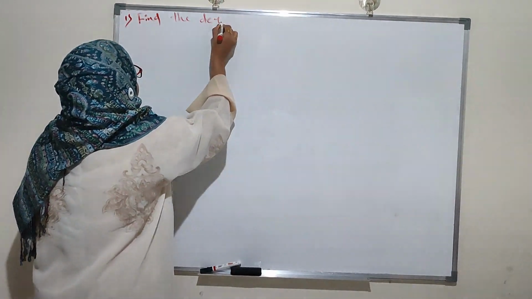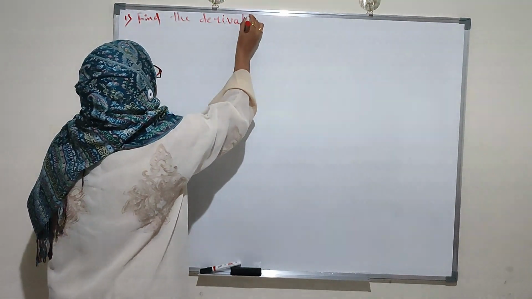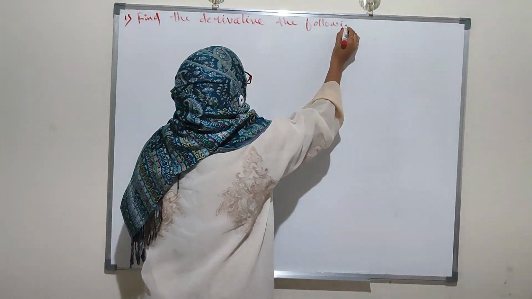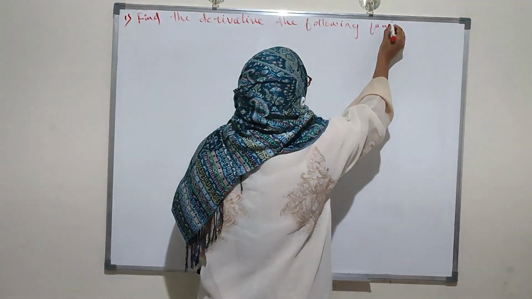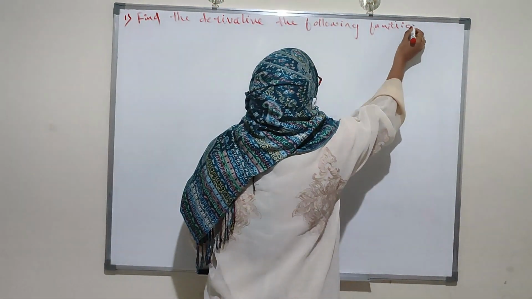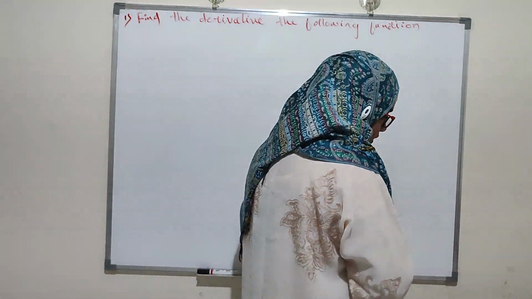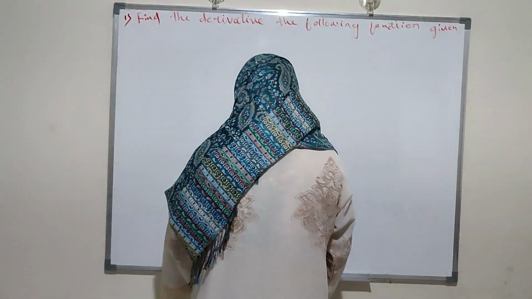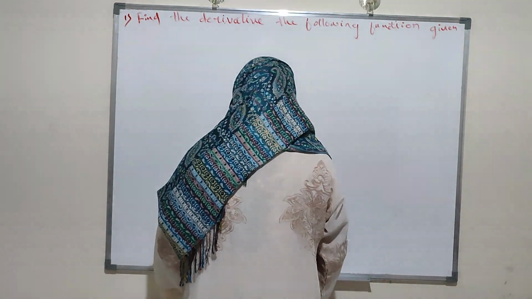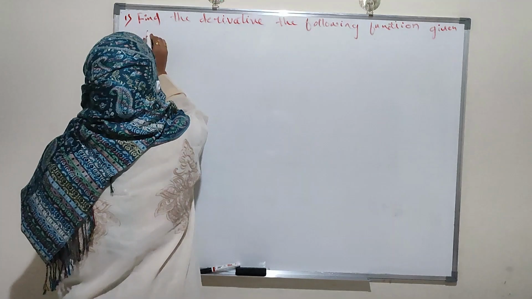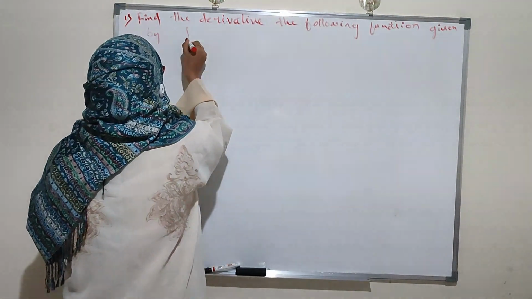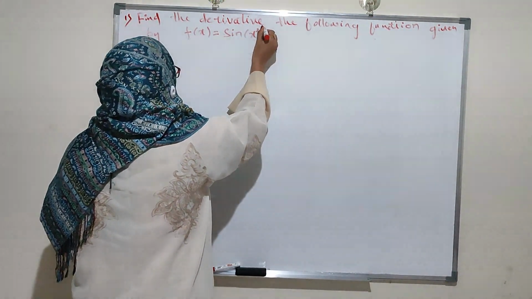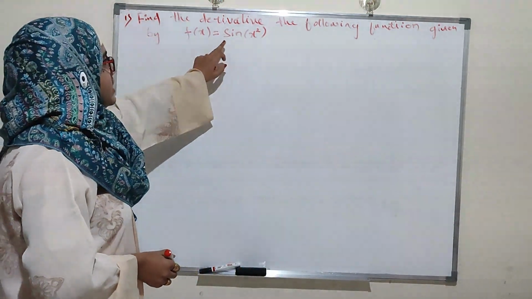The function is given to you as f of x equal to sine of x square. So f of x is given to you as sine of x square.